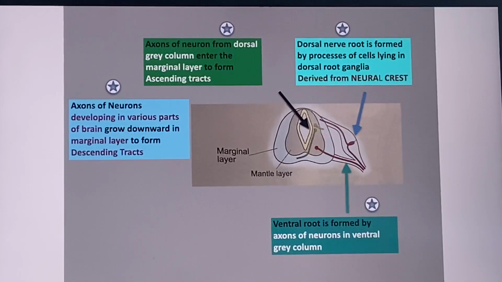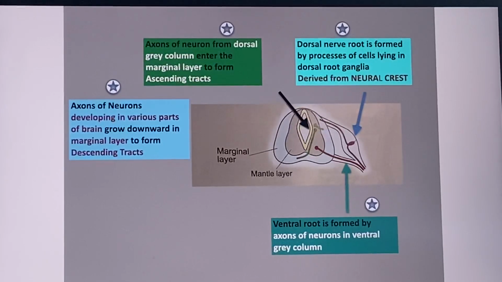So this is how the ascending and descending tracts are formed. Ascending tracts are basically the axons of those cells which are lying in the dorsal gray column. But descending tracts are the axons of those neurons which are lying in different parts of the developing brain, and they just grow downward in the marginal layer. Then the dorsal nerve root is formed by processes of cells lying in the dorsal root ganglia.